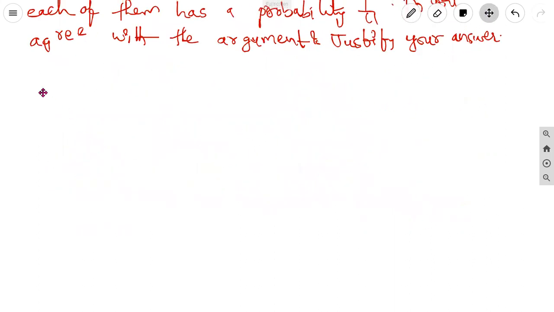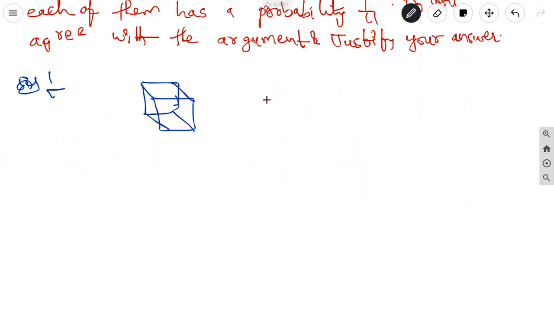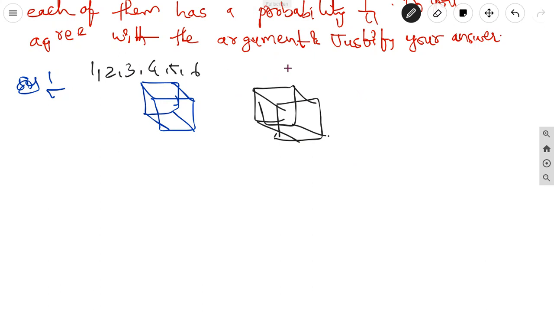Okay, one is grey and another one is blue. This is a blue die. Another one is grey die. Okay, it has 1 2 3 4 5 6 faces.